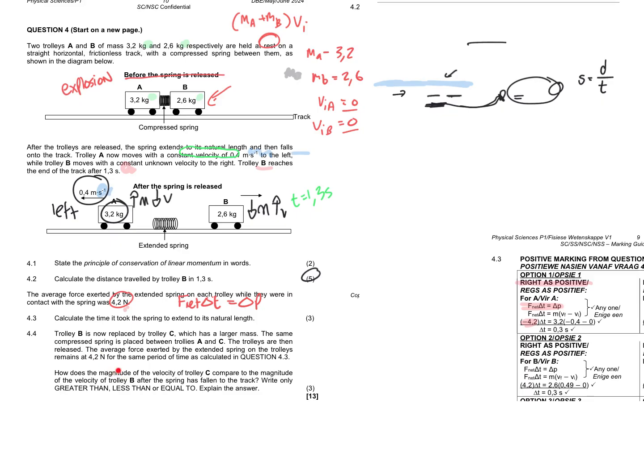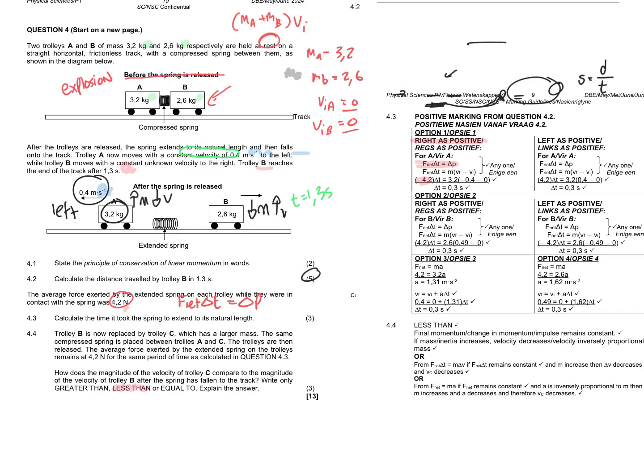How will the magnitude of the velocity of trolley C compare to the velocity of trolley B? It will be smaller than. Remember, I did tell you this just earlier. It will be smaller than, because the bigger the mass, the smaller the velocity.